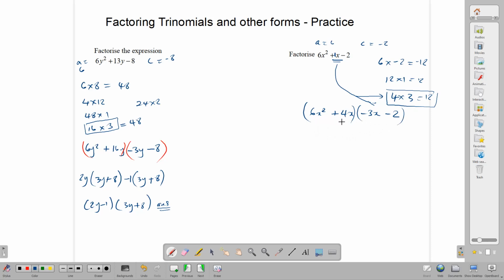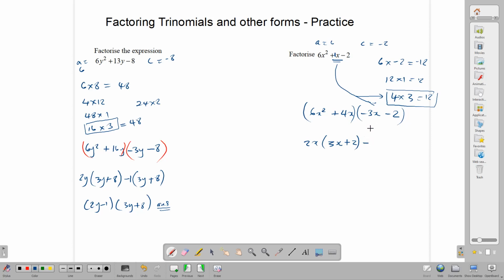The common factor here is 2x. So we take our 2x and we divide. 2x into 6x squared gives us 3x. And 2x into 4x gives us 2. Here, there is no common factor between these two, so we use 1, which is our universal factor.